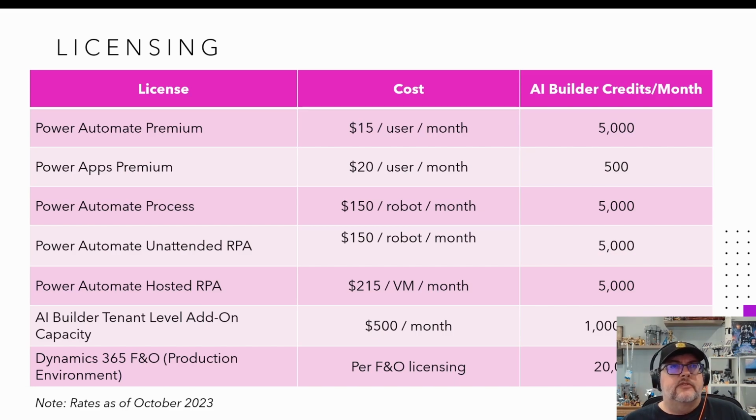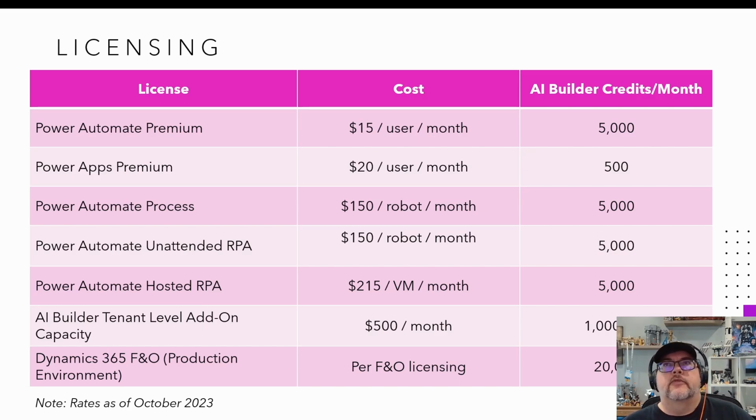The premium one gives you a certain number of credits. Each Power Automate call or each AI Builder call that you make uses a certain number of credits, and the number of credits being used depends on what you're doing. It depends on the model that you're using, and whether you're using the pre-built or the training ones. Actually, putting in the effort to train your model uses credits as well.